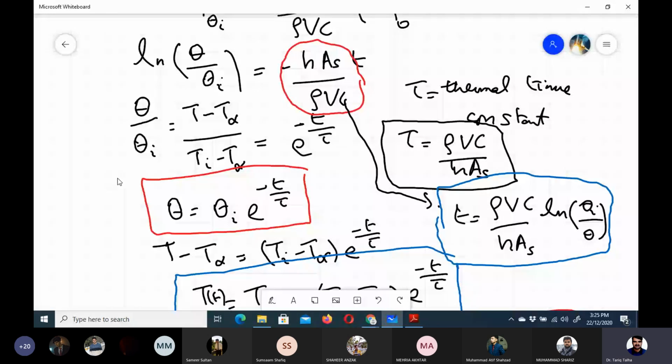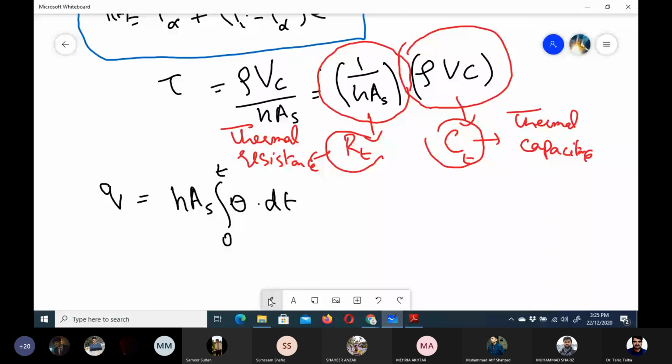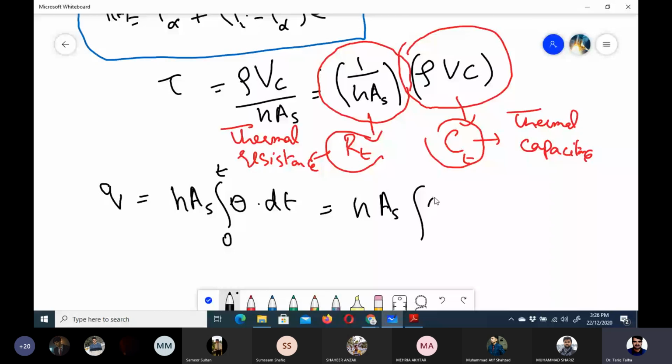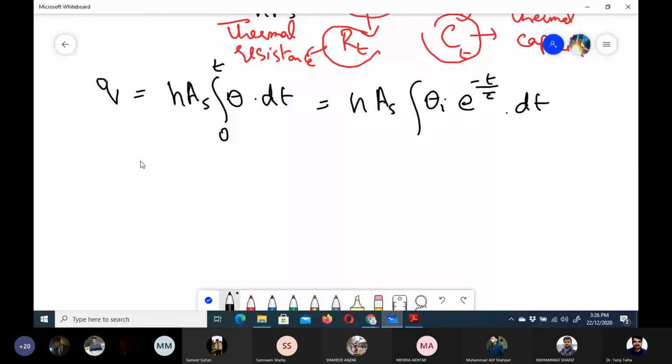So all we need to do is put that value here. h A s theta I e to power minus t upon tau into dt. So because theta I is independent of time, we can write Q is equal to h A s theta I.